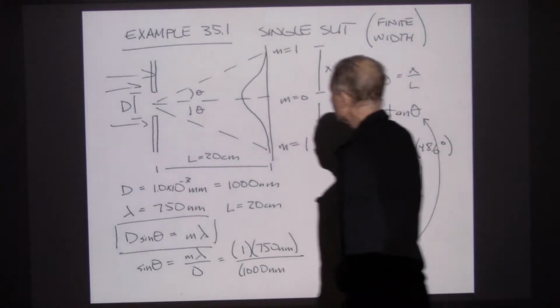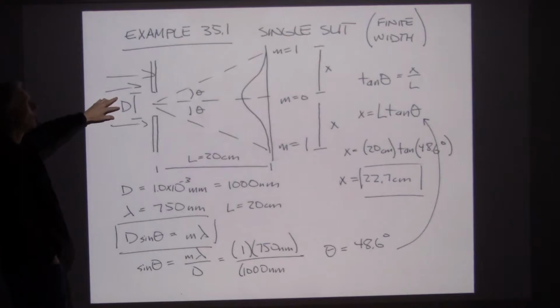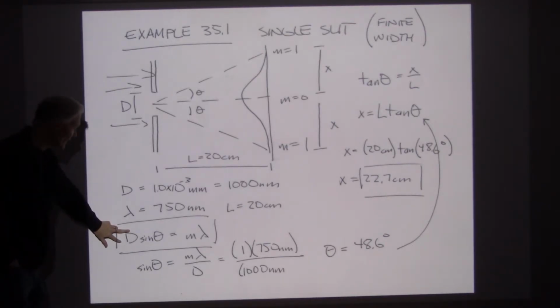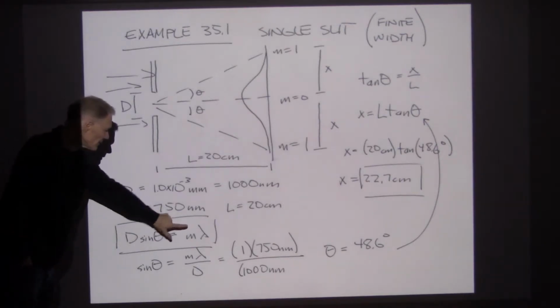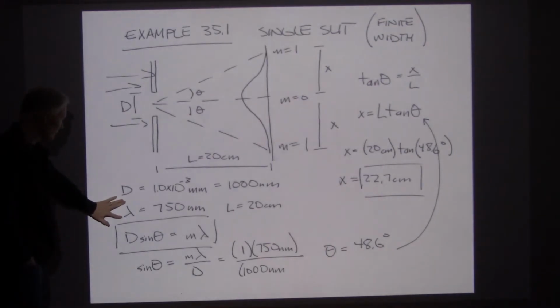Here's the setup on the problem. I did go ahead and use their convention of using big D on this problem, and so my formula here says big D sine theta is equal to m lambda, and I wanted to get the D and the lambda written down.